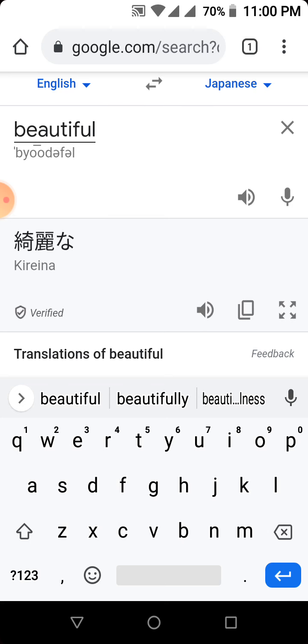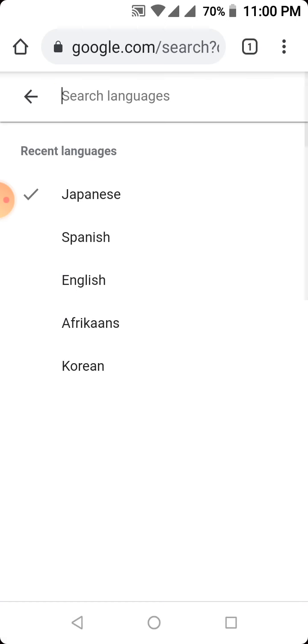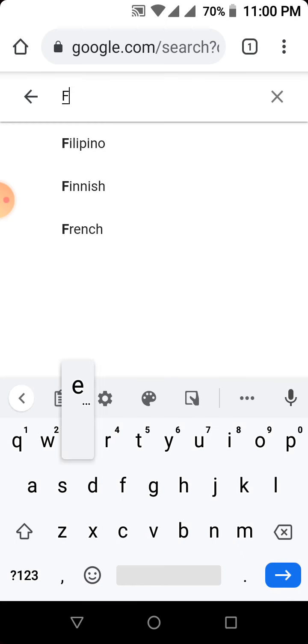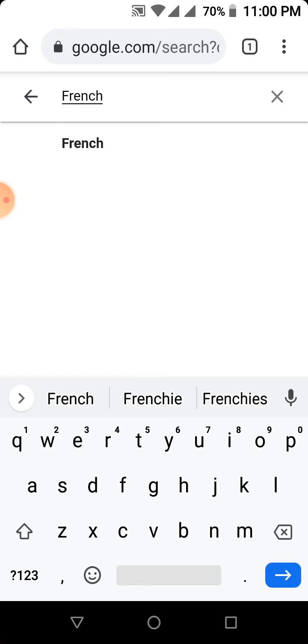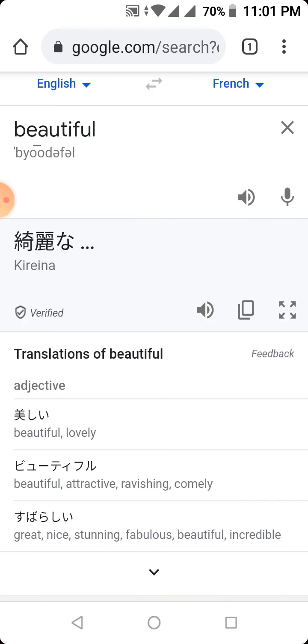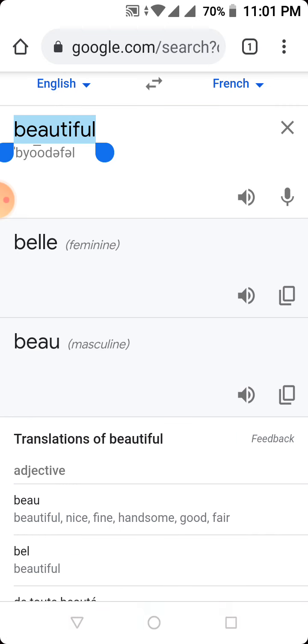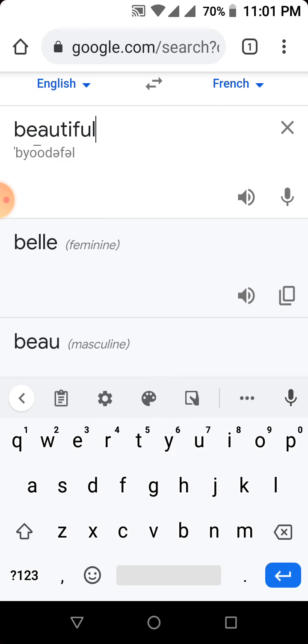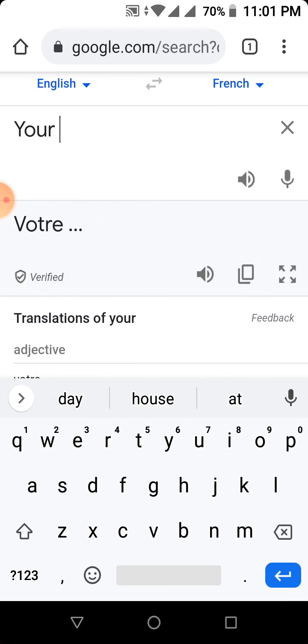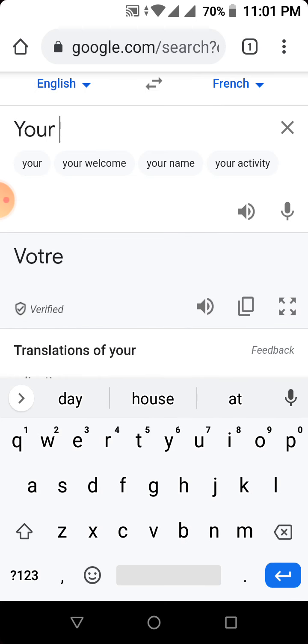So let's move on to our third language, which is French. Again, I just make it as a practice, but I want to have the translation of the full sentence.